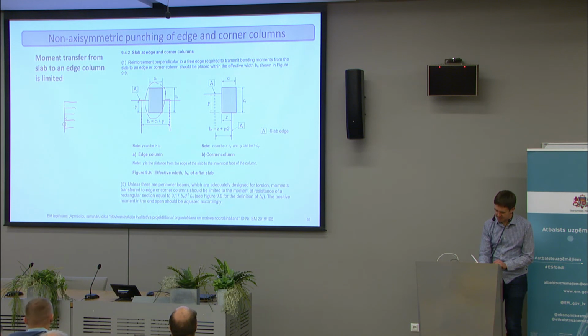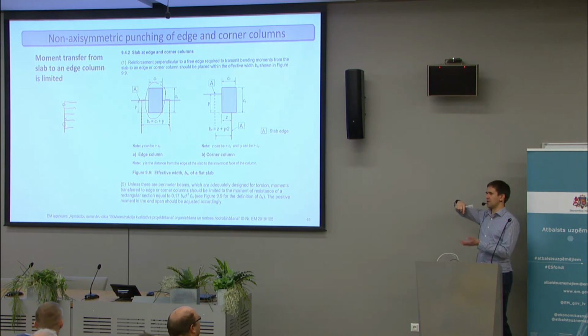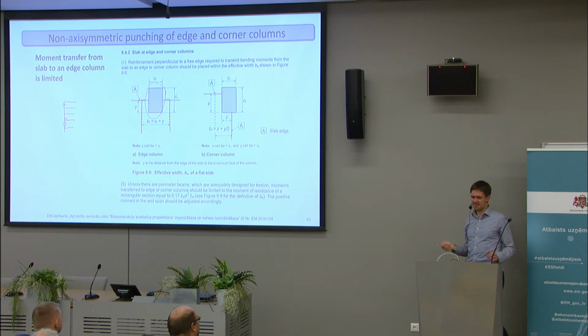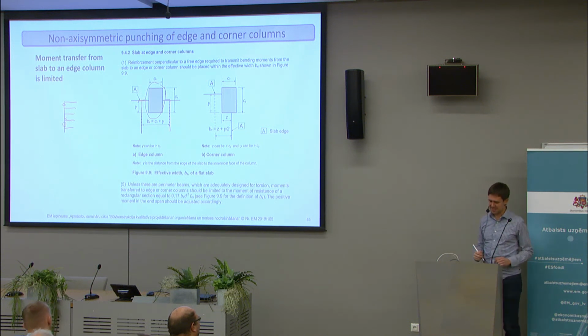On the top floor the normal forces are very small, but the moments are still very large. So you need a lot of reinforcement in the column just to withstand these moments. But actually there is a limit to how much moment can be transferred, and this can be calculated from the Eurocode.